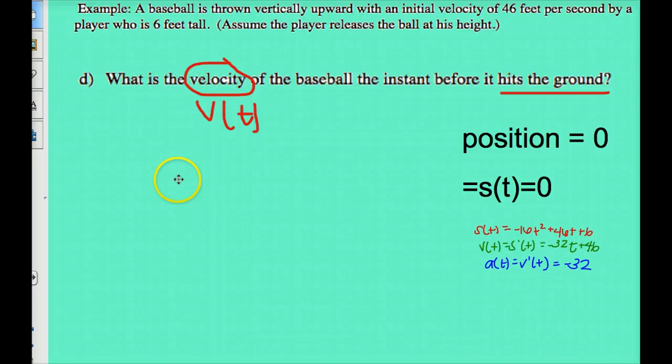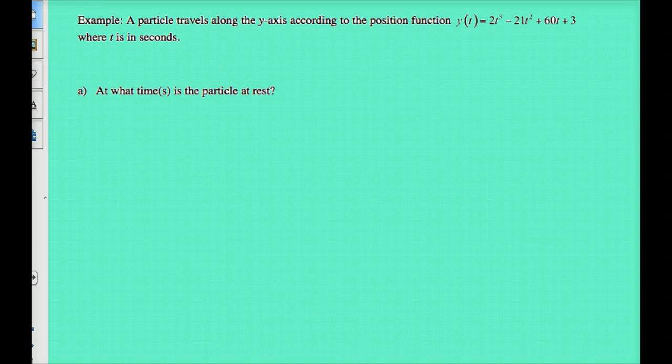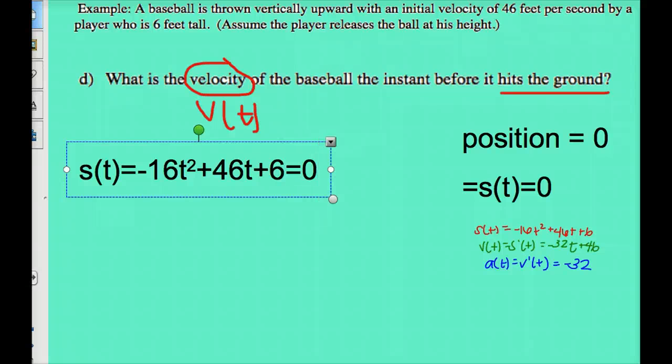So s of t is equal to negative 16 t squared plus 46t plus 6. I want to set this equal to 0.